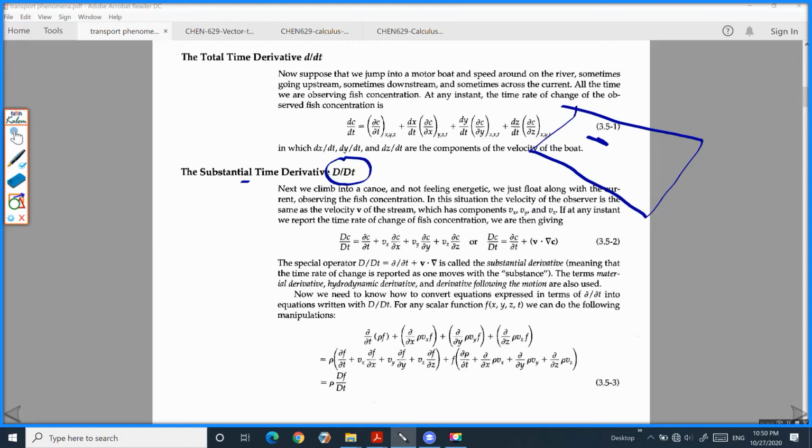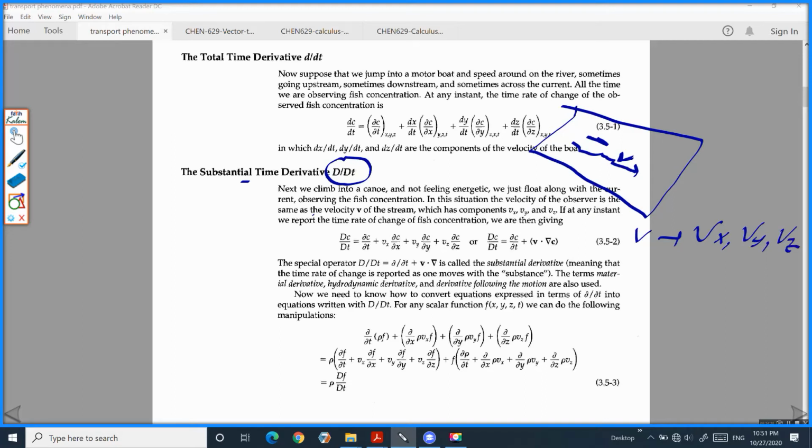In this situation, the velocity of the observer is the same as the velocity of the stream. So you have some stream of water here, and your velocity is the same as the stream velocity. We call this V, with components Vx, Vy, and Vz.